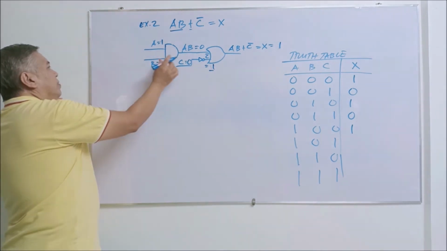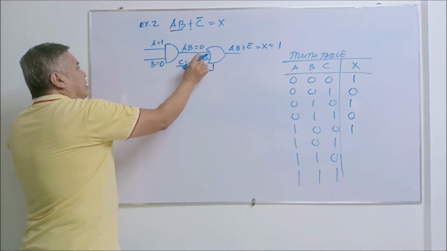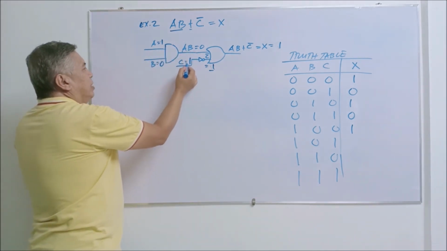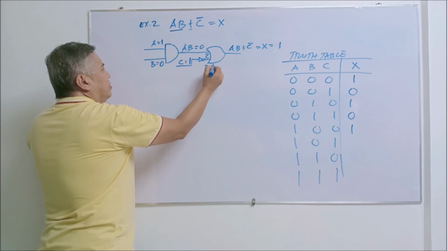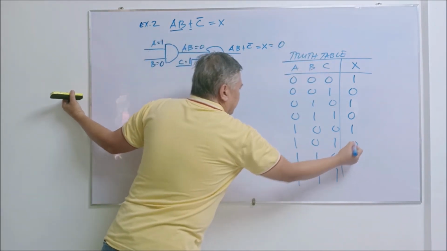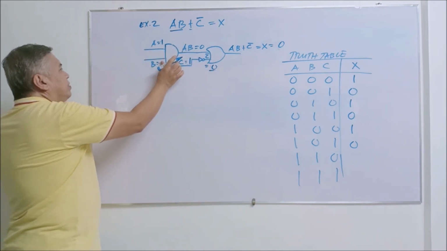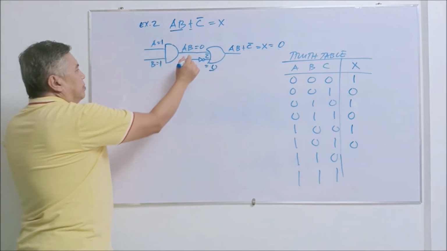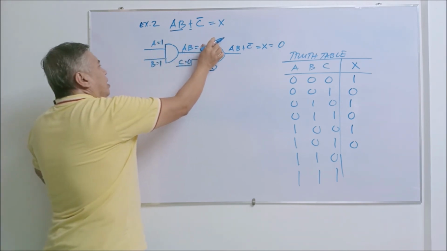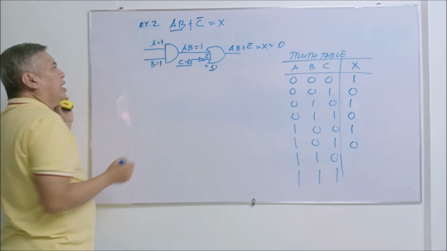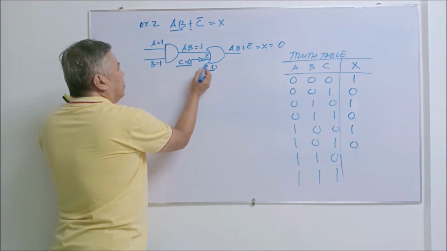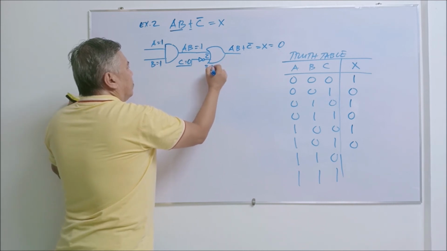Then 1, 0, 1. So again, this is 0. C is 1. Invert, this becomes 0. 0, 0 is 0. Then you have 1, 1, 0. You have 1, 1, the output is 1. Then C is 0, invert that, this becomes 1.